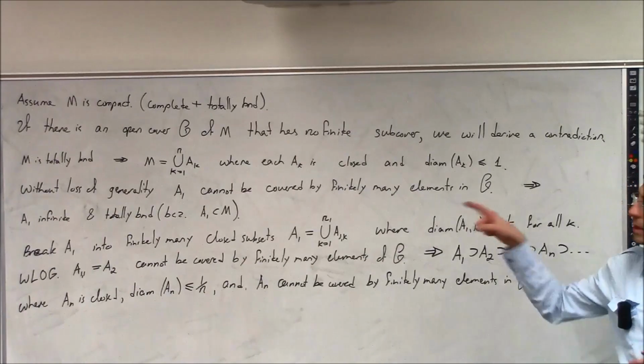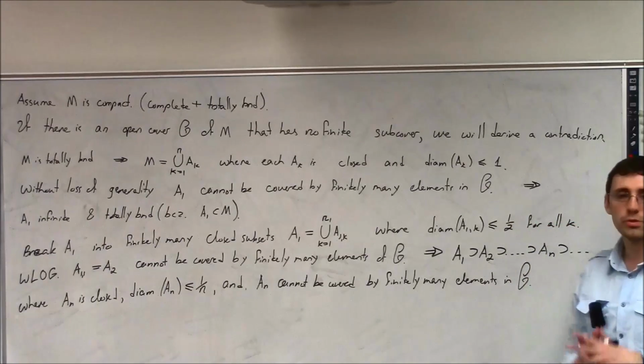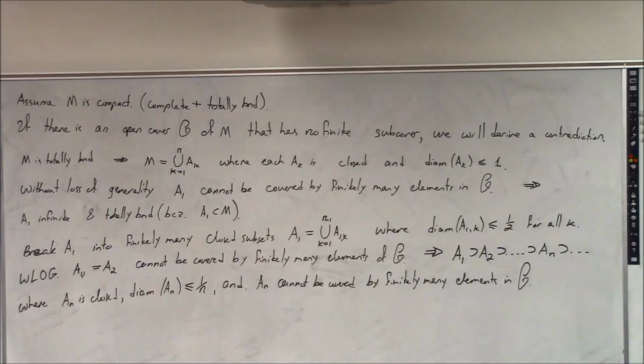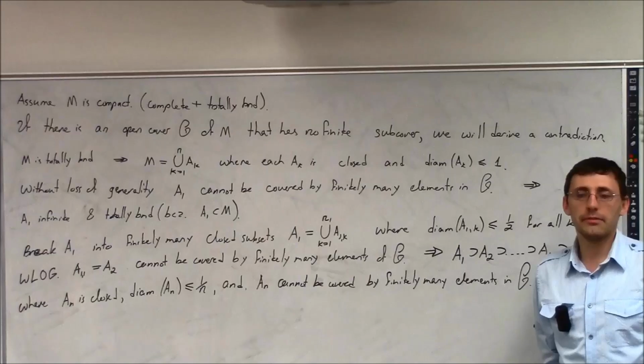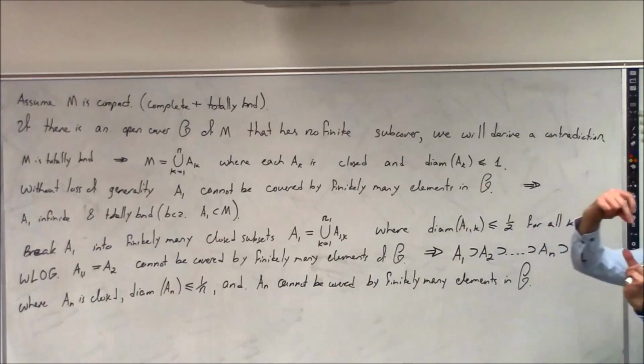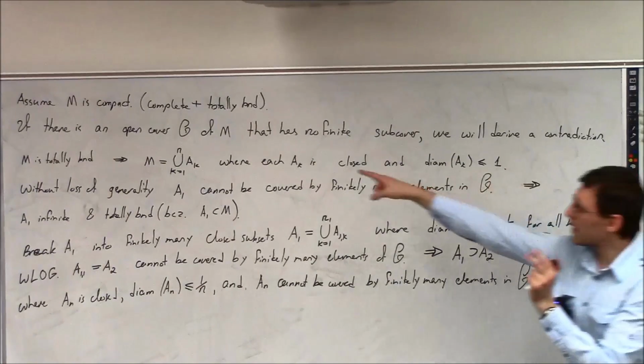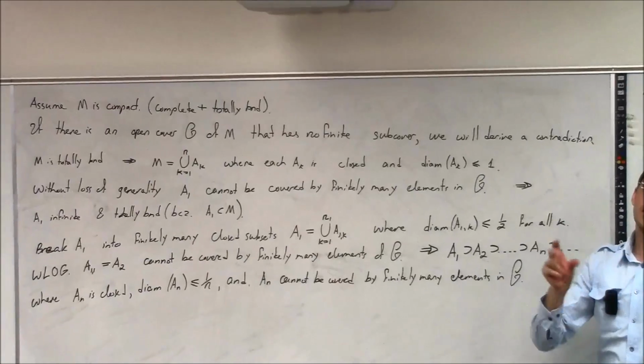And then we take this as our new set. We're going to tear it apart into smaller pieces, each of radius 1/2. Then one of those pieces cannot be covered by finitely many elements of G. Do you see that? Because, again, A_1 is not covered by finitely many elements in G, so if I rip it apart, one of the small pieces of A_1 is not covered.